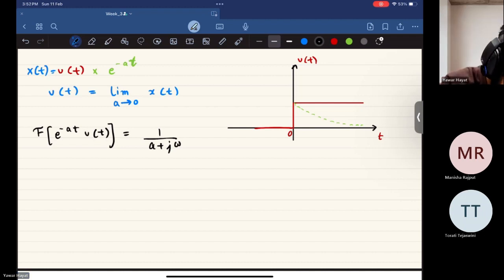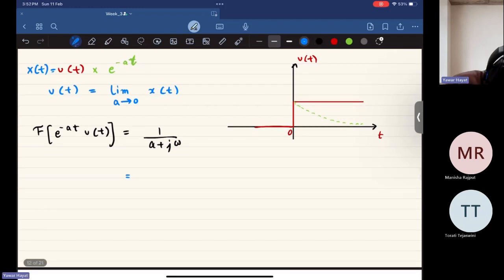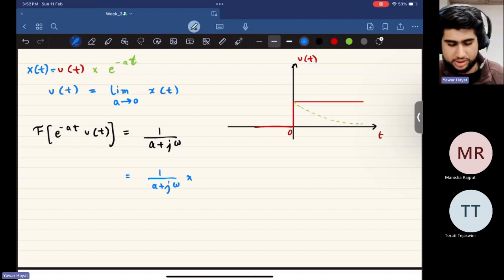Okay. So what we'll do is we will write this. Let's multiply. Let's convert it into standard form.